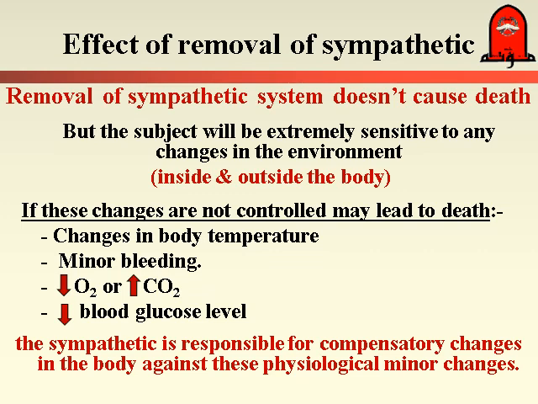For example, an increase in the temperature normally produces sweating to correct the body temperature. If there is no sympathetic stimulation, no sympathetic nervous system, the temperature will continue to increase and it may lead to death of the subject. Minor bleeding usually induces vasoconstriction.